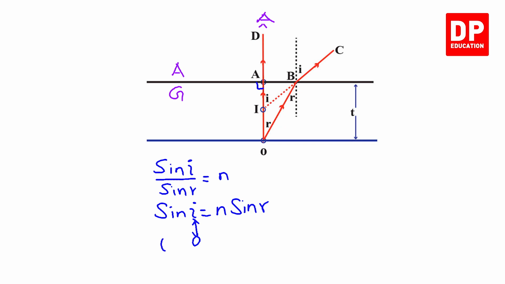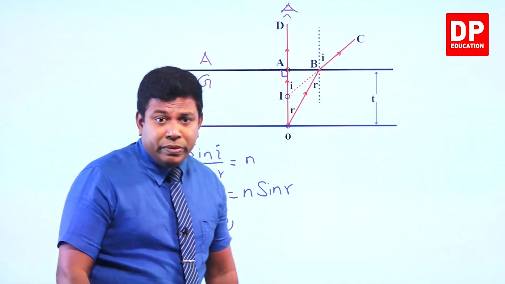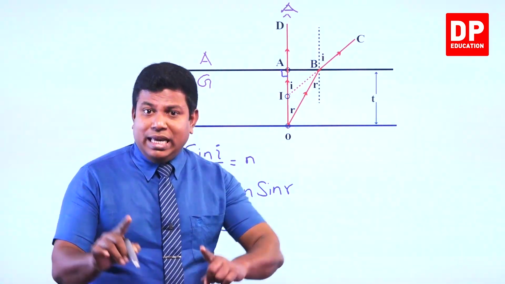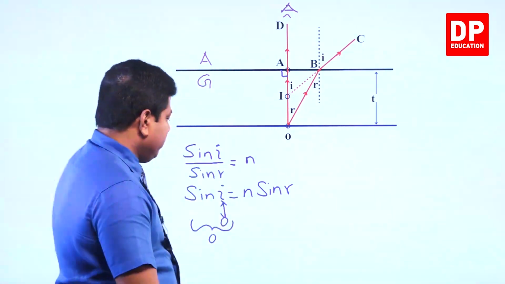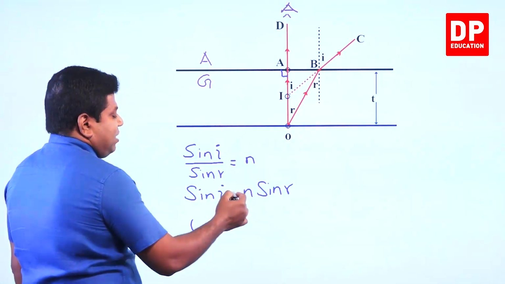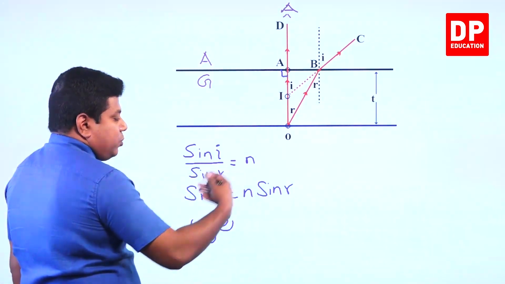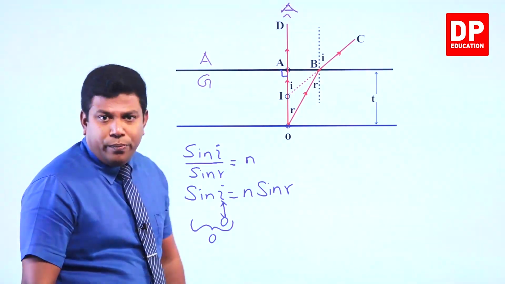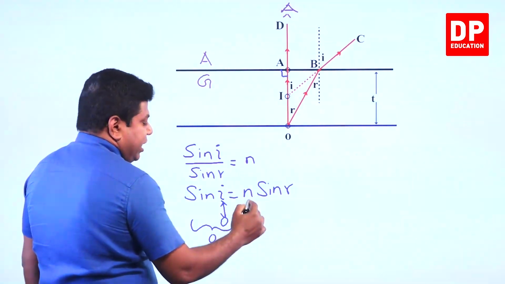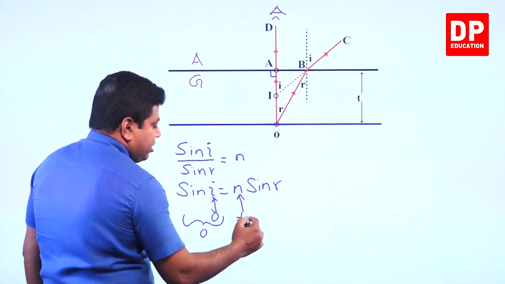If I is 0, you know sin I is 0. You need to know a little bit of trigonometry here. Sin 0 is 0. So the left hand side of this equation is 0, which means the other side also has to be 0. But N is not equal to 0, N is a constant which is not 0.